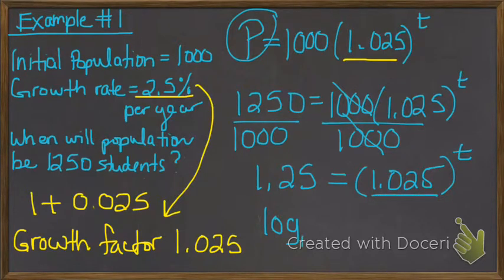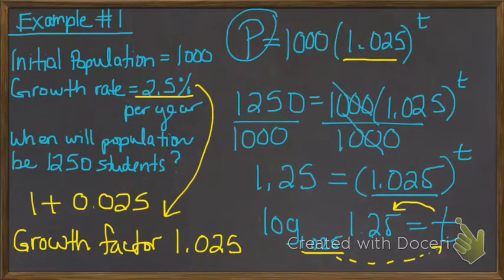So I'm going to write that in small numbers down here. Log of base 1.025 of our big number, which is 1.25, equals t. Now remember what this means in logarithmic form. 1.025 raised to some power t will give us 1.25. We need to solve this logarithm.